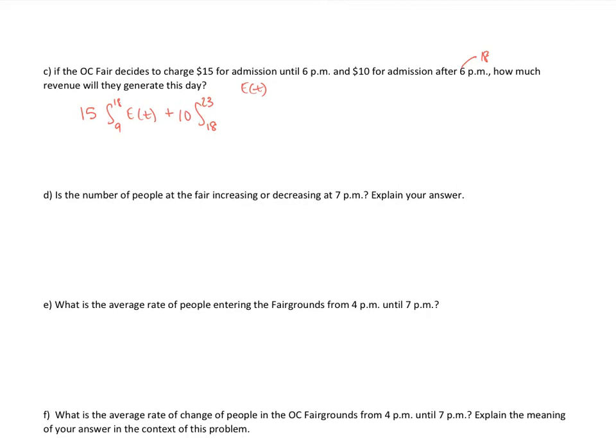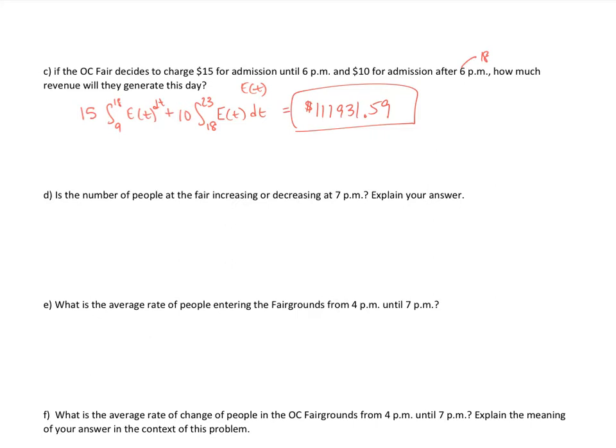Now, we chose 23 because the problem stated that they close at 11 p.m. So, we were going to go with that. And this is also of E of T dt. I should put dt's here as well. Okay, working this out, we end up with a total revenue generated of 111,931.59.